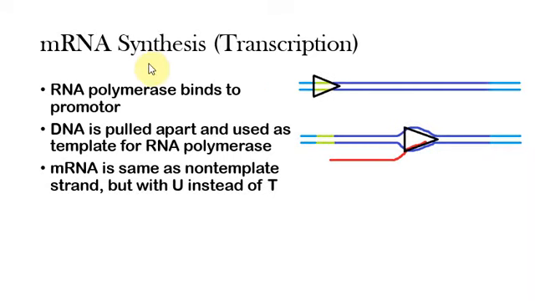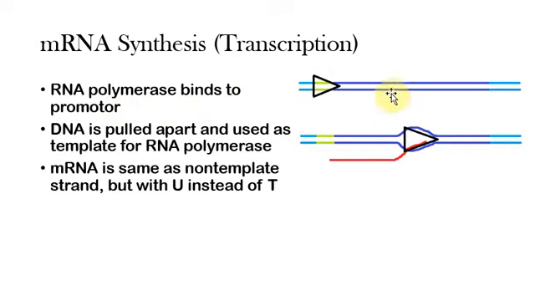So the first thing we're going to look at is what's known as RNA polymerase, and this is a very important enzyme, just incredibly important to life, and it's essential to creating these mRNAs from the DNA. So what it's going to first do is it's going to bind to a sequence known as the promoter. It's this little green portion of the DNA.